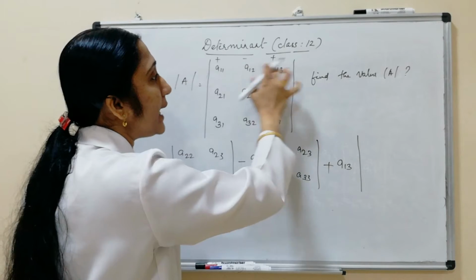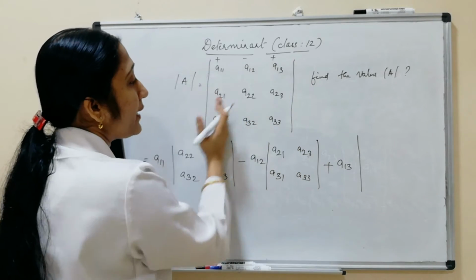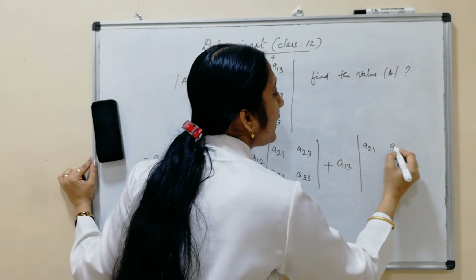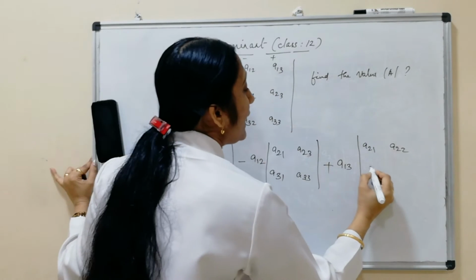So you have to leave that row and column, and the remaining part is A21, A23, A31, A33. Next, the third element is plus A13. A13 is in the first row and third column. So you leave that row and column, and the remaining part inside the determinant is A21, A22, A31, A32.